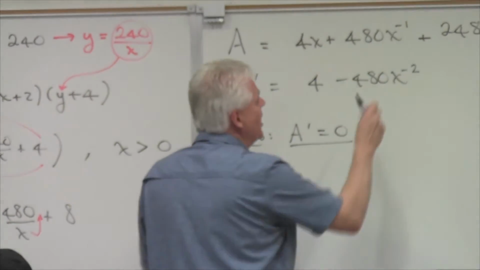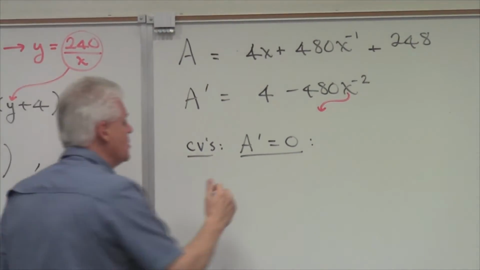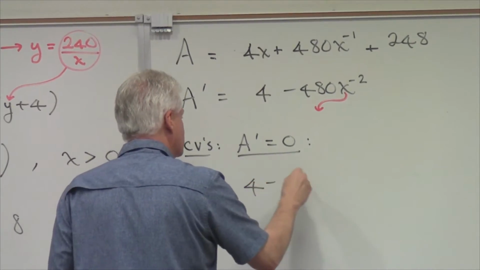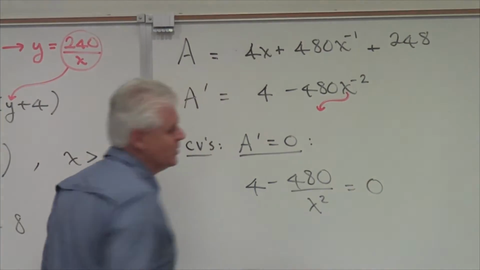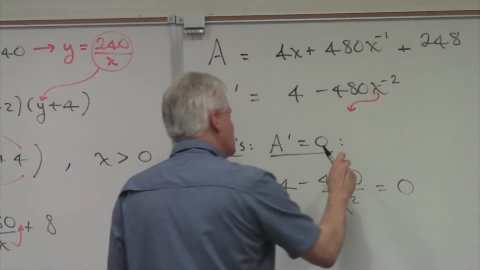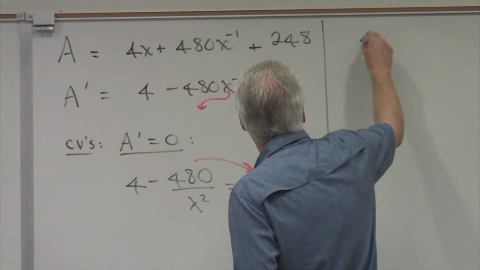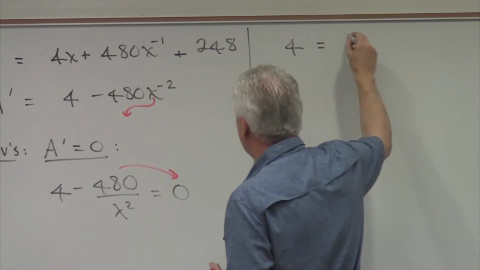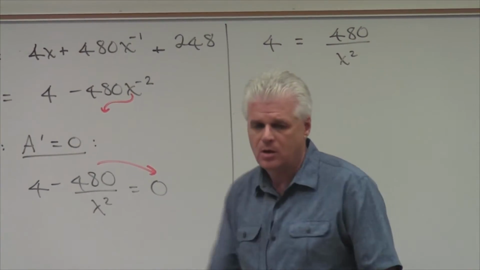In other words, I'm going to rewrite it with the x on the bottom again. So that means that 4 minus 480 over x squared has to be 0. Take the 480 over x squared to the other side. 4 is equal to 480 divided by x squared.